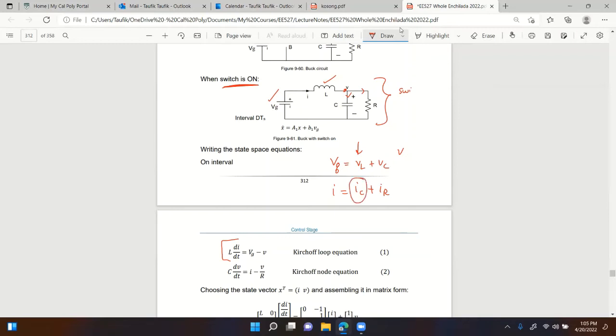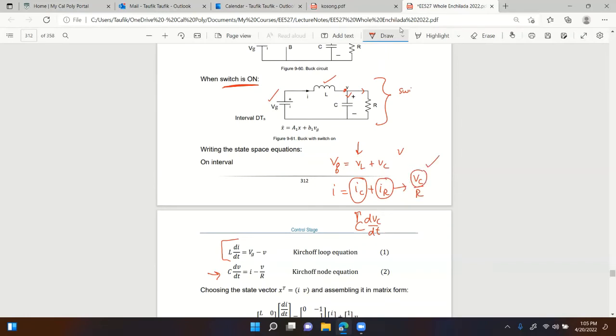From IC, that's actually C dVc dt. So that's why I place IC on the left-hand side of the equation. And IR we know is equal to VC over R. That's great, because VC is our state variable.